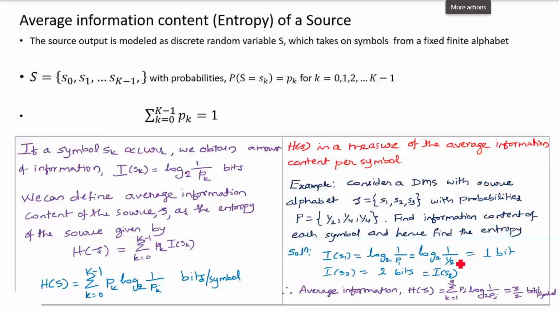Getting 3 by 2, or a real number, a fraction, or some 1.34325 like that, we will find very useful when we discuss coding. Mainly our intention is to get a code which is as short as possible.